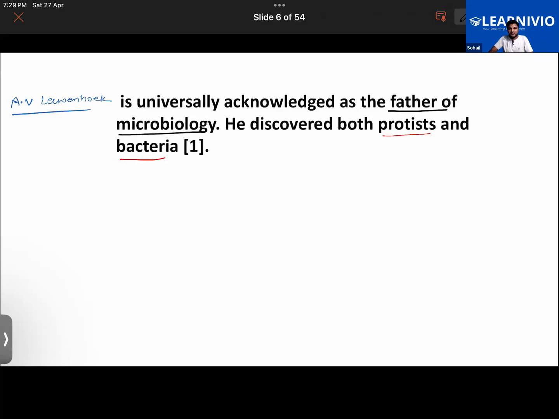Why are we calling some person the father of a subject? The obvious reason is that he must have done so much research and given so much contribution to the subject. Thereby he is called the father of microbiology. So do remember that.